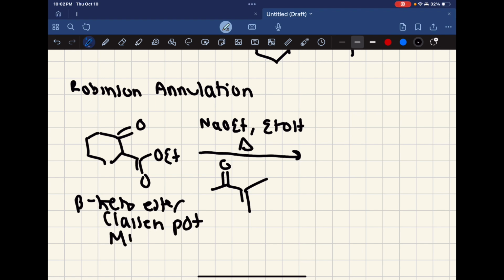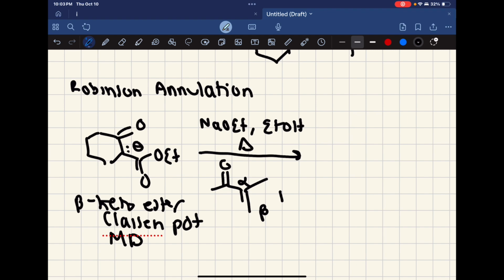That's probably my Michael donor. Remember, we have this enhanced acidity. We can form a nucleophile at that alpha proton, and that's probably what's happening with this base over here, deprotonating the proton and then returning that electron density. Just keep that in mind. I think we're beyond that mechanistic depiction at this point. So once we see that we have a Michael donor, we have an alpha beta unsaturated carbonyl.